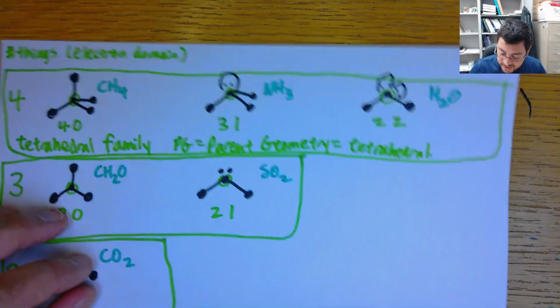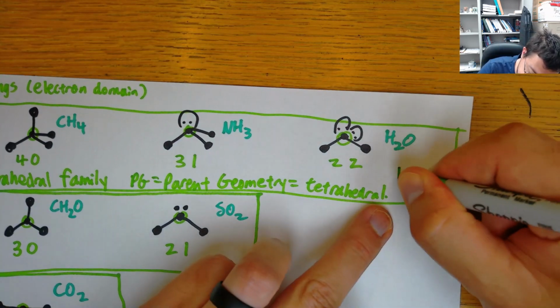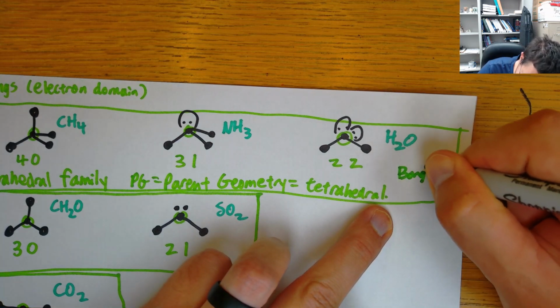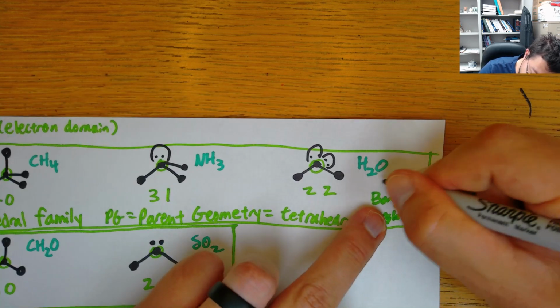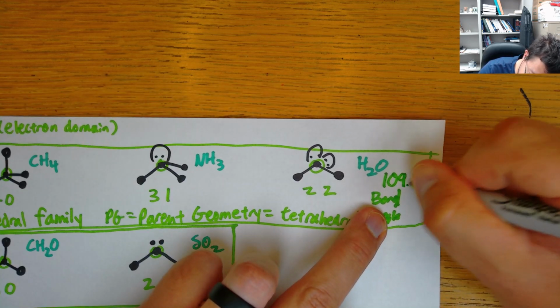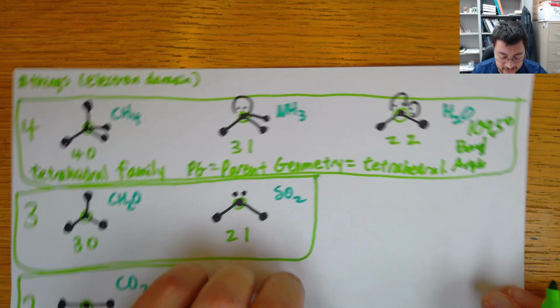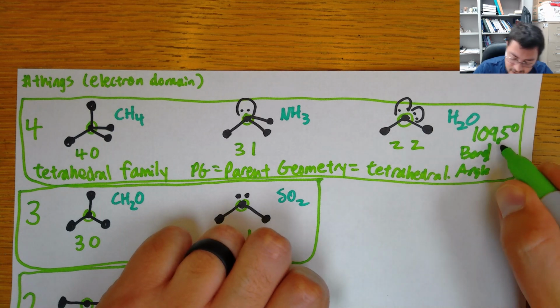And those bond angles in the tetrahedral family are 109.5 degrees. 109.5 degrees. It's not 110.